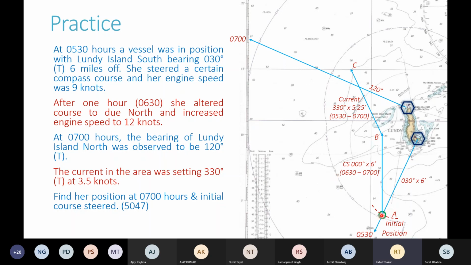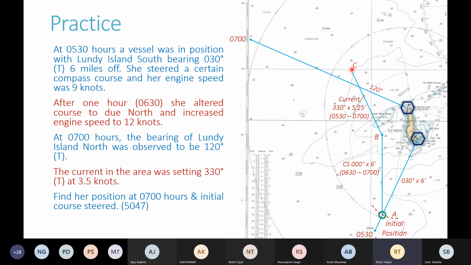So now we have plotted our track or course steered from 6:30 to 7. We have taken into account the current which is acting in the area. The only thing remaining now is the course steered vector from 5:30 to 6:30. Now we do not know what was the course which we were steering, but we know that the engine distance steamed in this particular interval is 9 nautical miles because the vessel was moving at a speed of 9 knots.